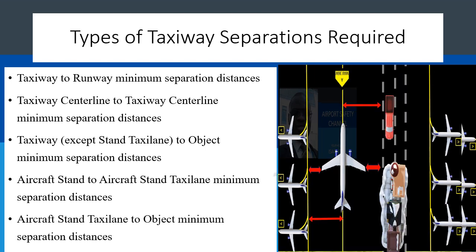We also have aircraft stand taxi lane to object minimum separations, so that the taxi lane on the apron may also have objects in its environment and there should be minimum separations between the taxi lane and these objects. We will look at this as we go along in our presentations.